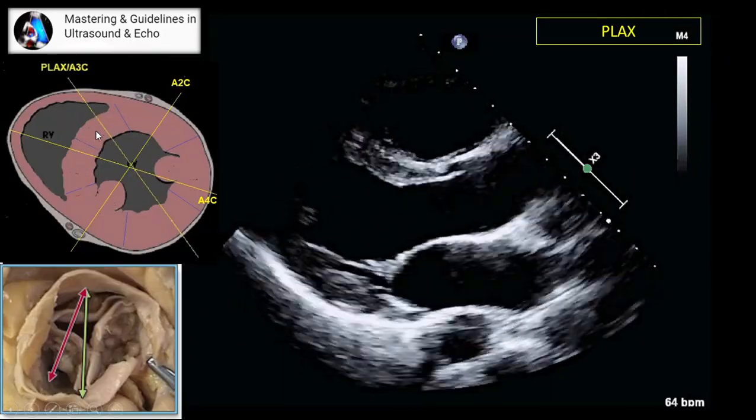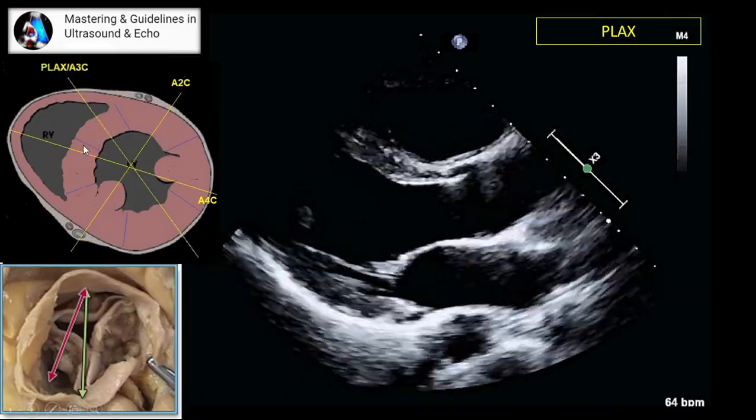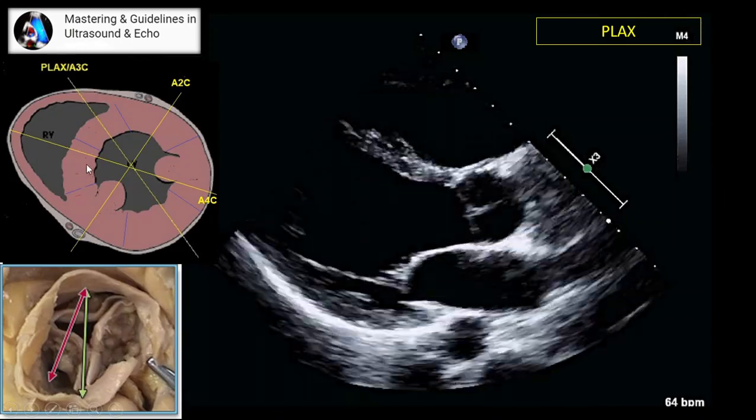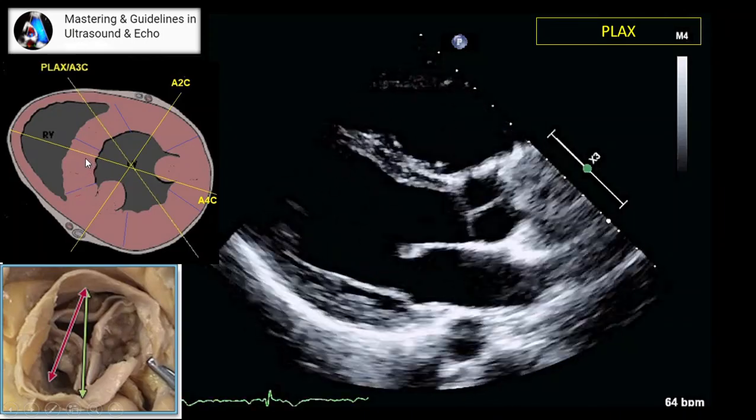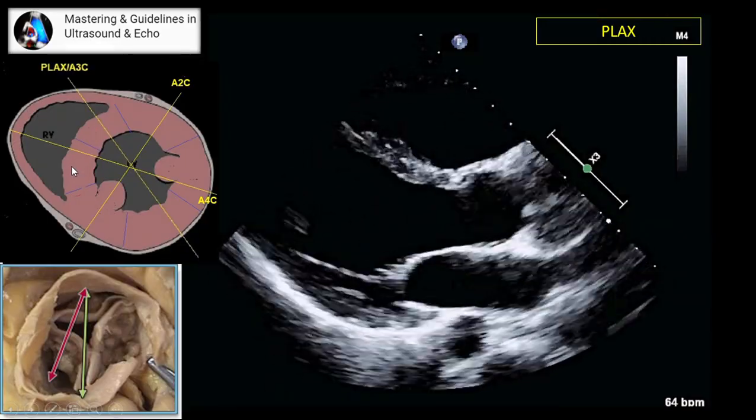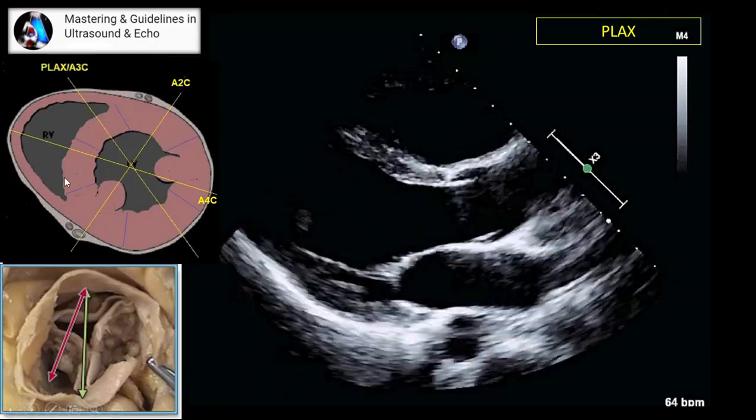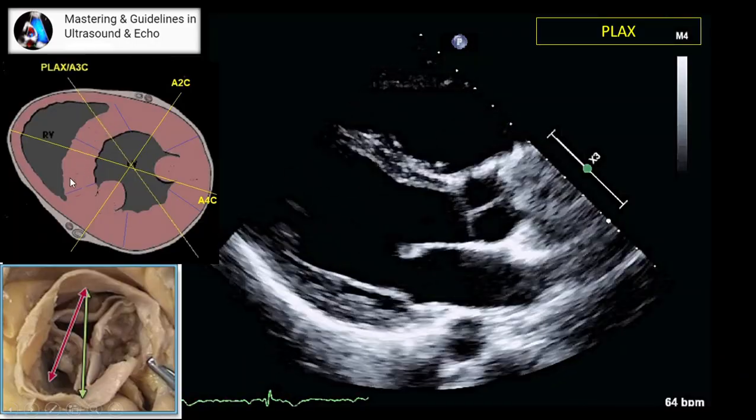The anteroseptal is supplied by the LAD, the left anterior descending coronary artery, but the posteroseptal is supplied by two or three different coronary branches, and it is involved in wall motion evaluation for all ischemic heart disease. So the differentiation between these two walls is very important.